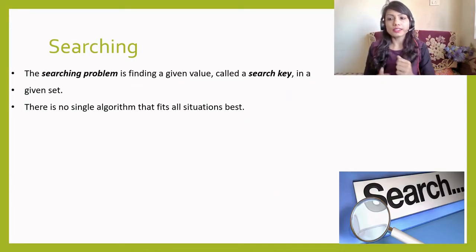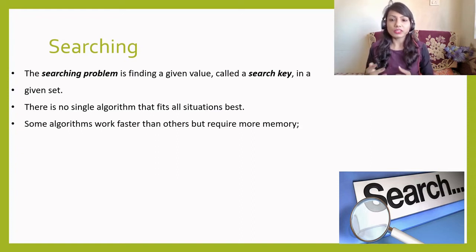One thing you have to note in the searching problem is that there is no single algorithm that fits all situations best. Many searching algorithms are there, and one suits one type of problem while another suits some other type of problem.